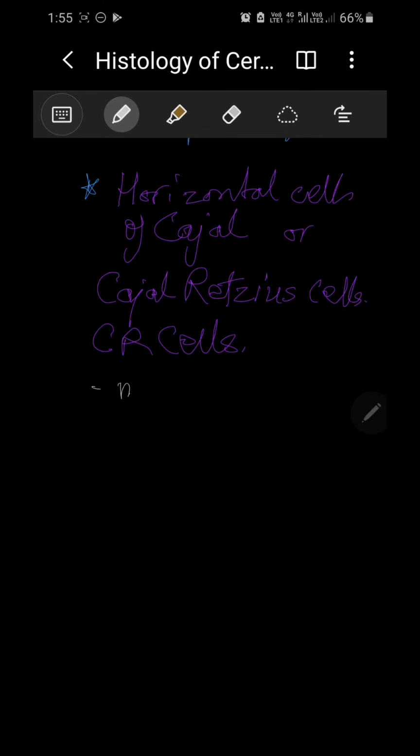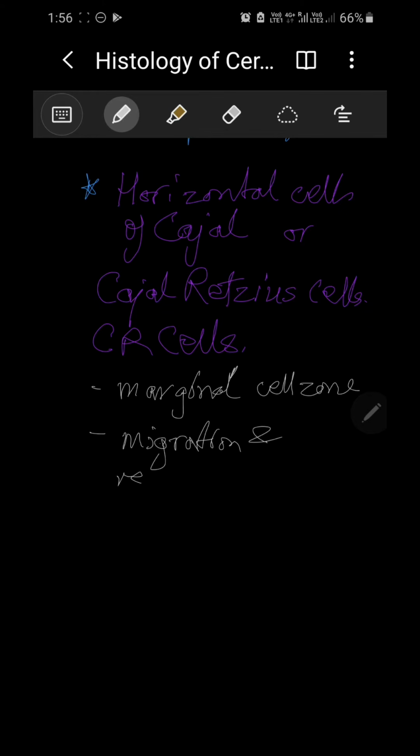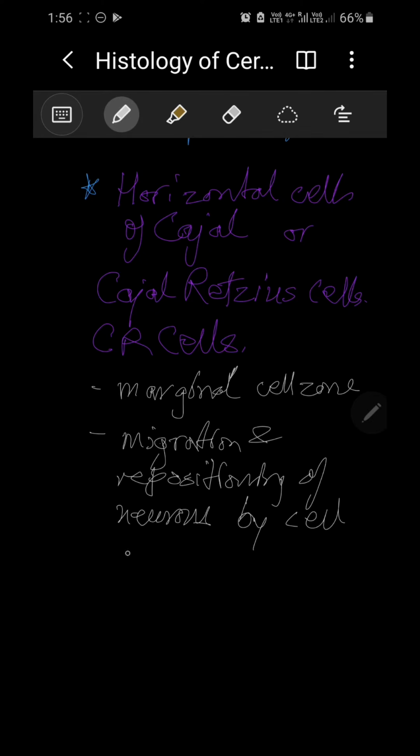They are present in the marginal cell zone in an embryo, and they have a role in the development of the CNS. In fetal life, their role is to help the neurons in migration and repositioning of neurons by cell-to-cell interactions.